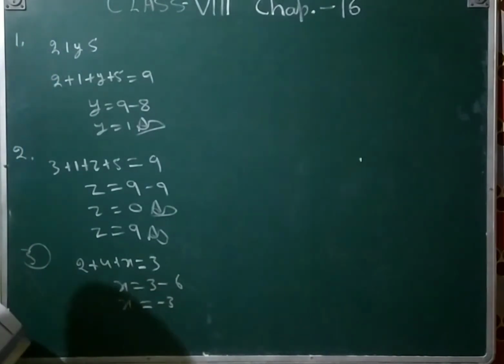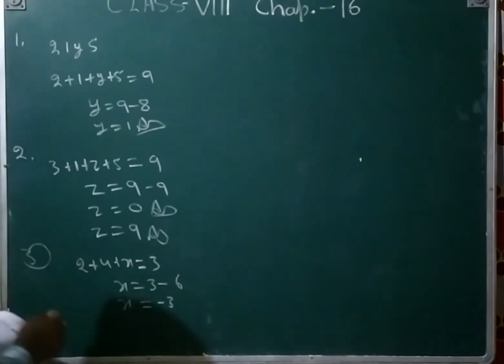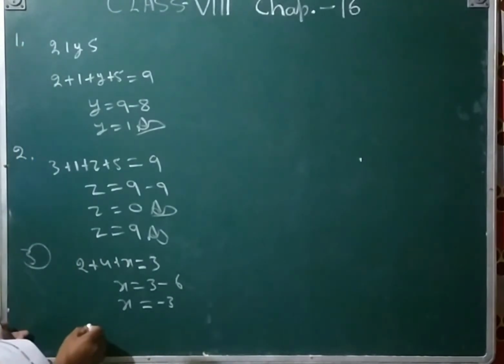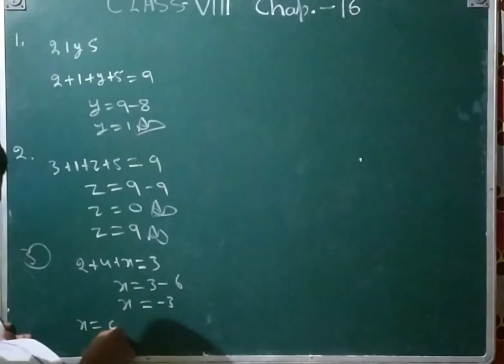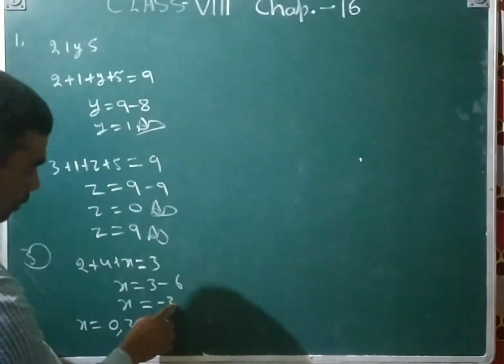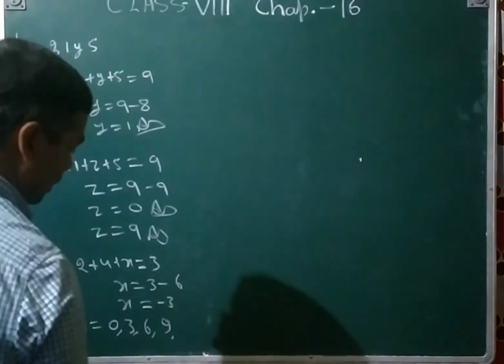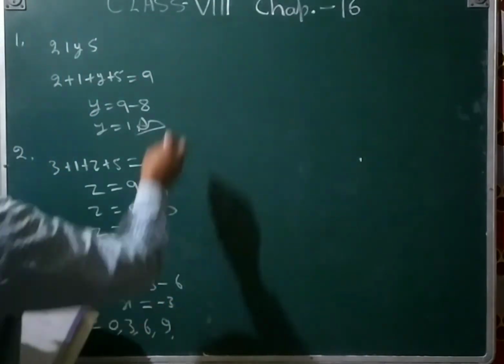So here you will see by which number this is divisible, x is equal to 0 also, 3 also, 6 also, 9 also, because this is the table of 3. It is divisible by 3. Fourth question.